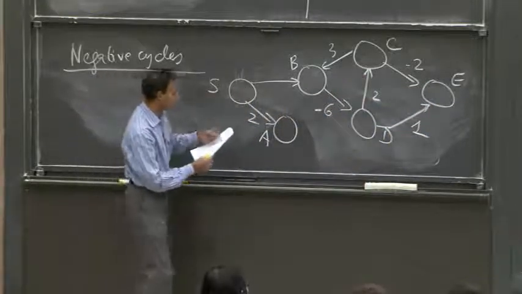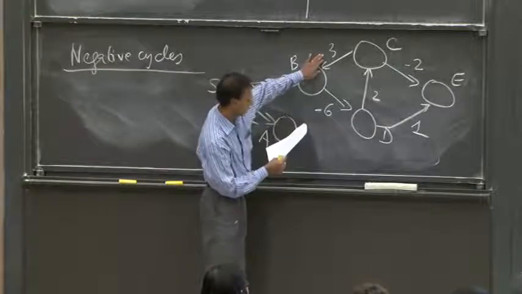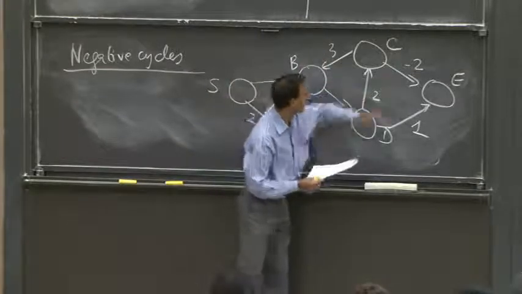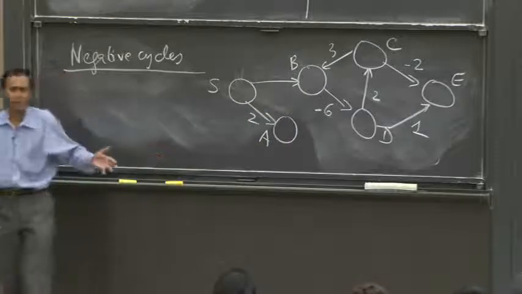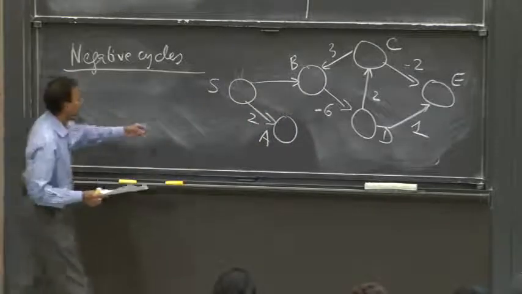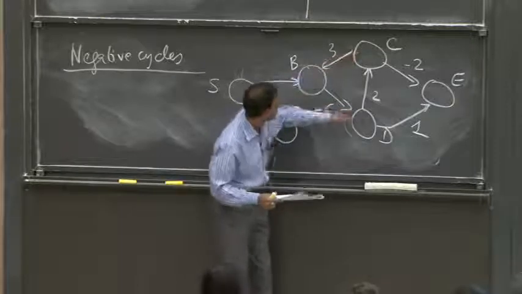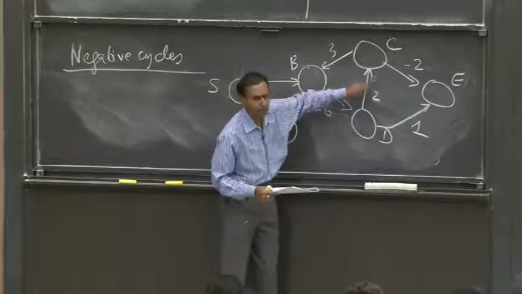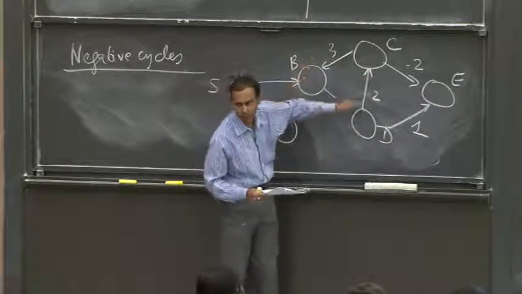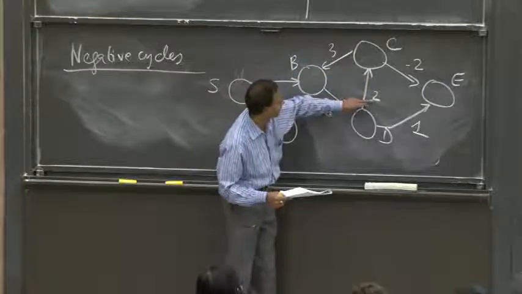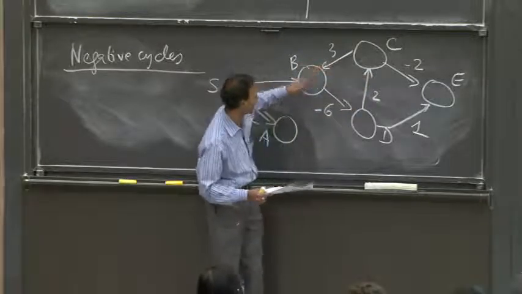So 2, 4, -6 over here, 3, 2, 1, and -2. One thing that you notice from this graph is that you've got this annoying cycle here that's a negative weight cycle, and that's why I've picked this particular example. -6 plus 2 is -4, -4 plus 3 is -1.